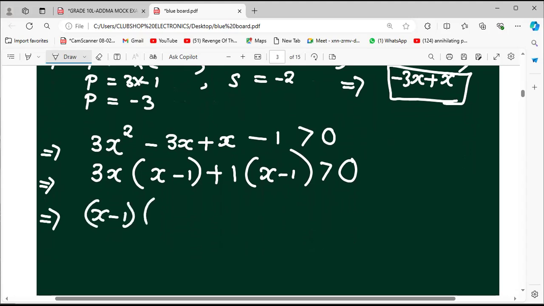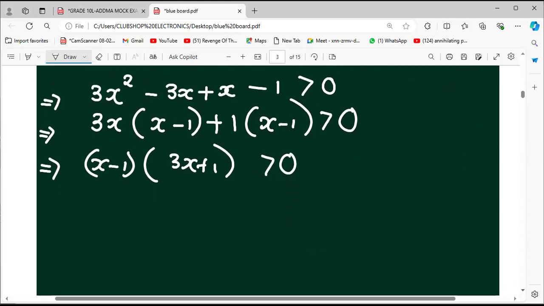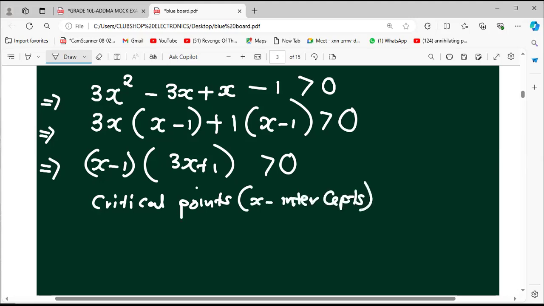When we factor out x minus 1, we get 3x plus 1, and this is greater than 0. Now, it's easier for us to determine that using the line or the graph. And to do that, you must determine the critical points. Critical points will help us determine the solution, or what I call the x-intercept, if we want to use the graphical method. All right?